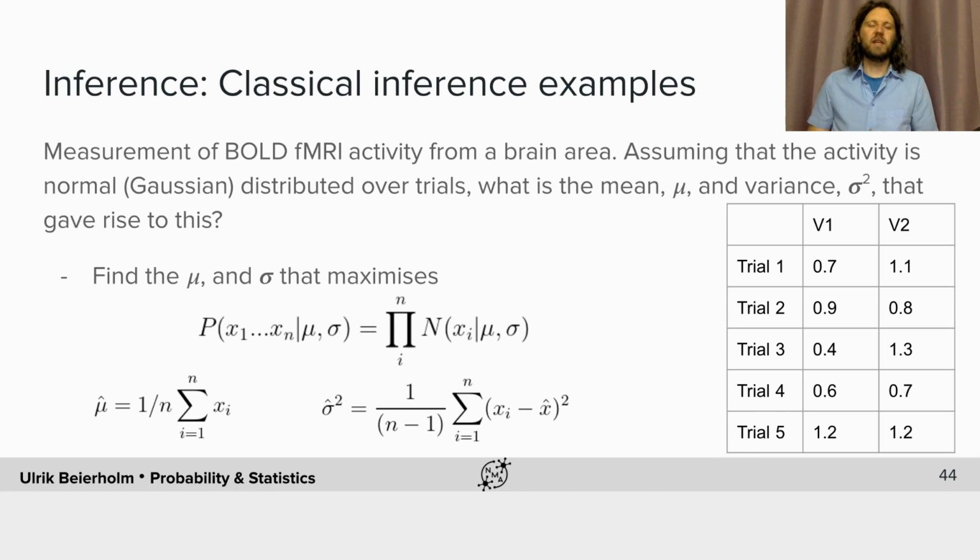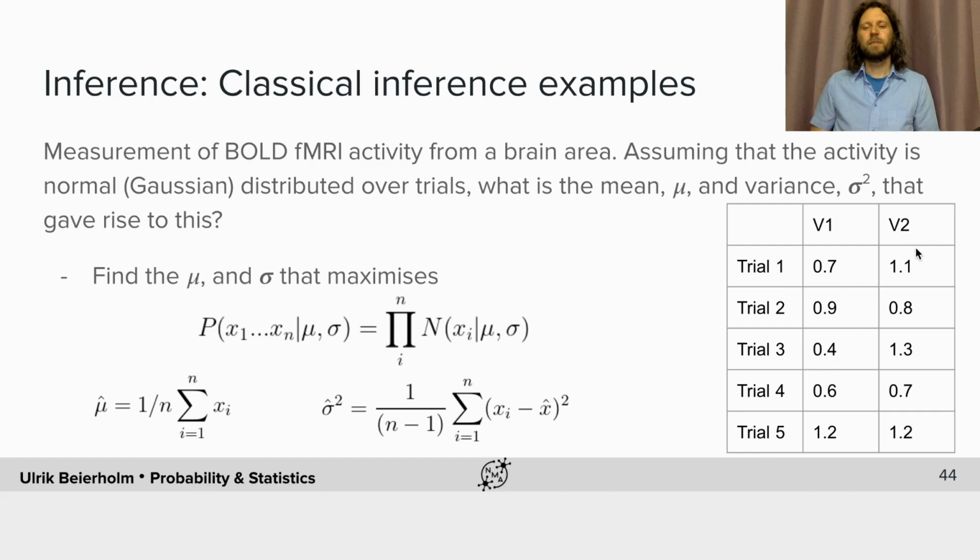So let's take a simple example. Let's say you're measuring the BOLD activity from a brain area when doing fMRI. You might find that the activity is normally distributed. That's typically the case. And you might have different trials here, 1 through 5, and you're measuring from 2 different brain areas.